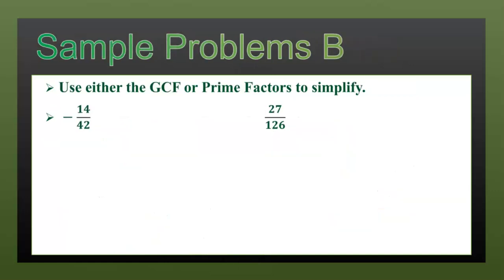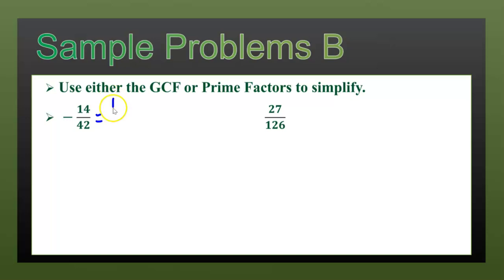Sample B, we're going to use either the greatest common factor or prime factors to simplify. What I was doing before was just using prime factorization. So here, I'm going to do this one a little bit differently. I'm going to use the greatest common factor. So I think of the biggest number I can divide out of 14 and 42.